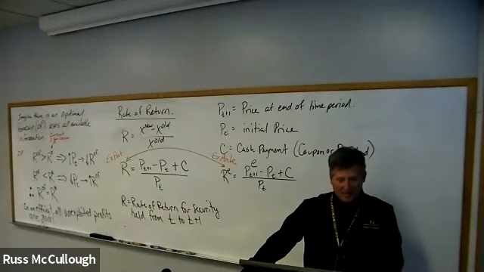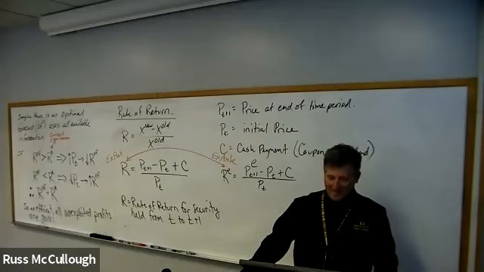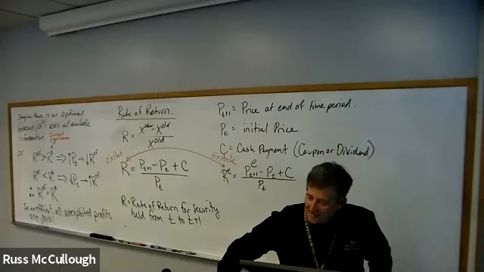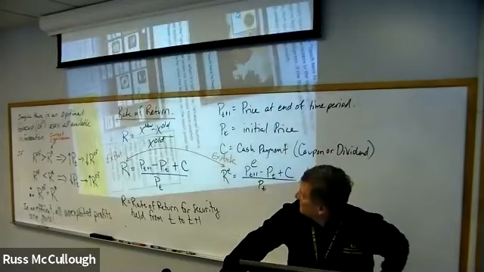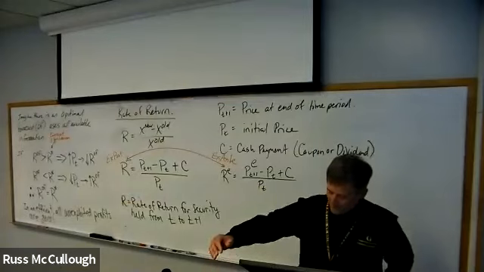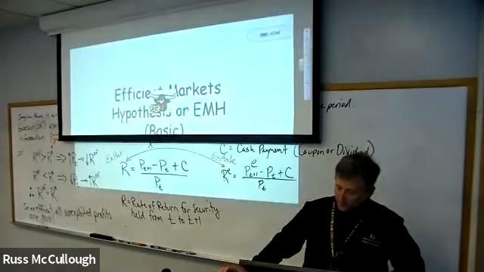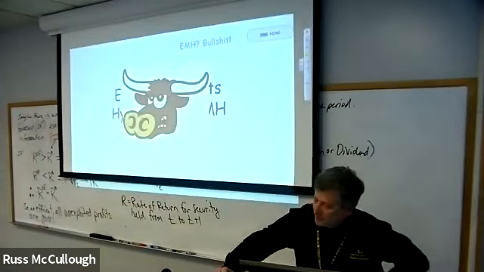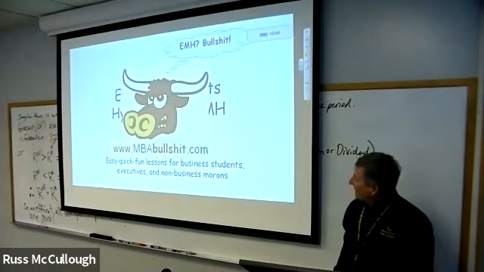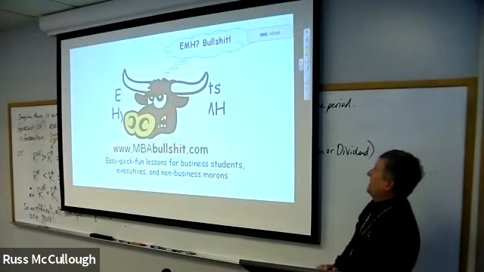I think it's MBAbullshit.com. Hello and welcome back again to MBAbullshit.com. So the topic of this video is the efficient markets hypothesis, also known as EMH. And this is the basic video before you move on to a more advanced video on the efficient markets hypothesis. Remember, you can always go back to MBAbullshit.com. All right, so let's get down to it.